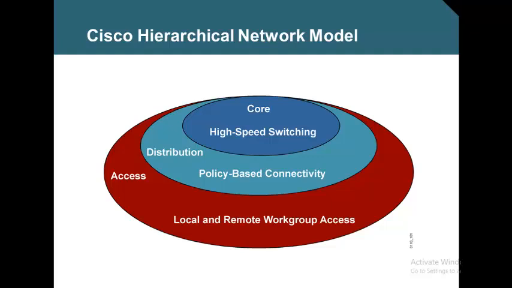We will discuss those things later. But now, the popular, well-known model is this: three-tier architecture. Three tiers, three layers you see. Below you see access, the red color. Then the distribution layer, and then the core layer.